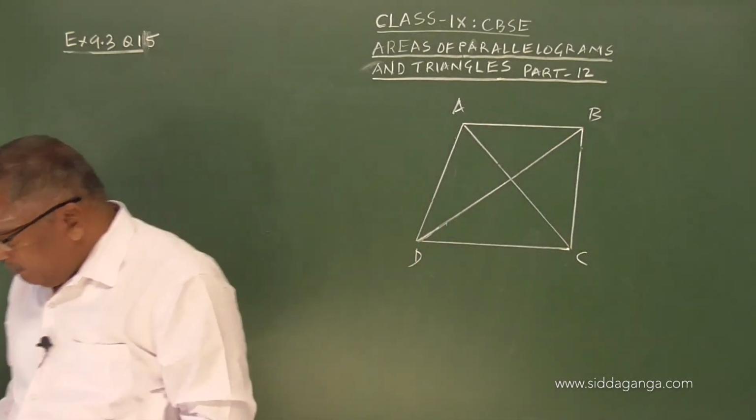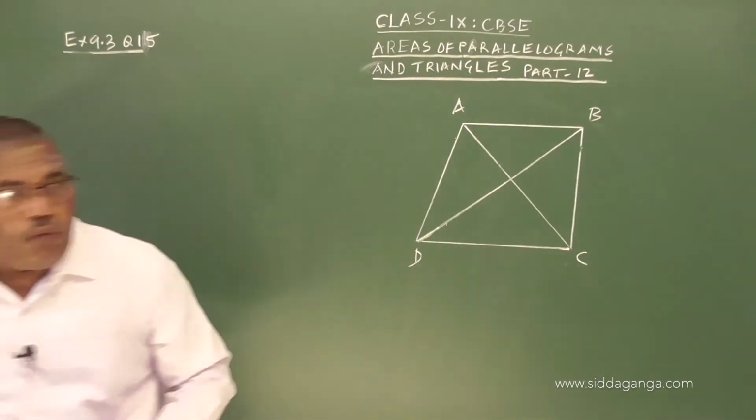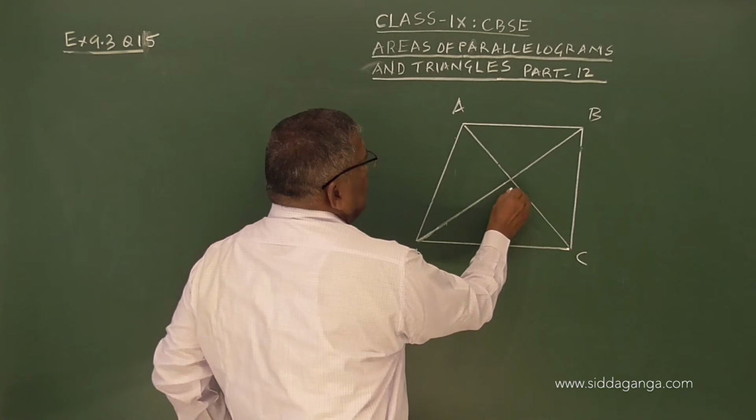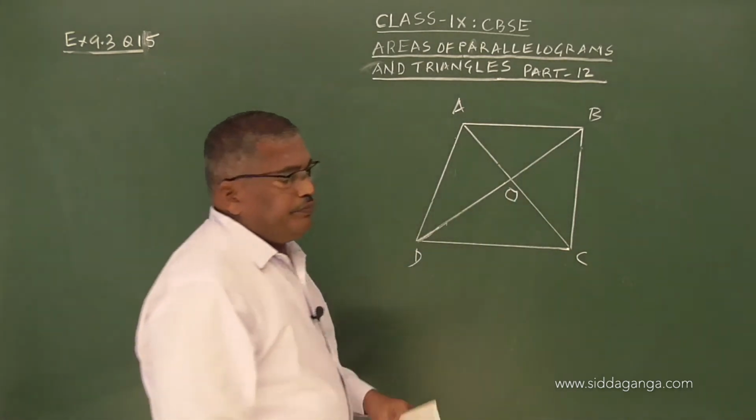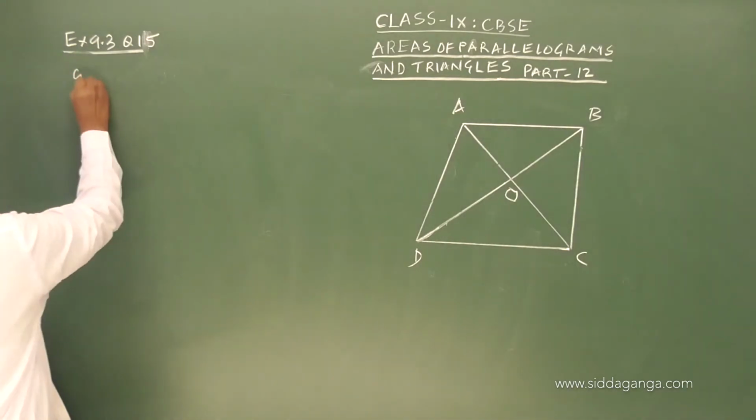Now this is the diagram, and the question says they intersect at O. So let's call this O. So what is given in this?